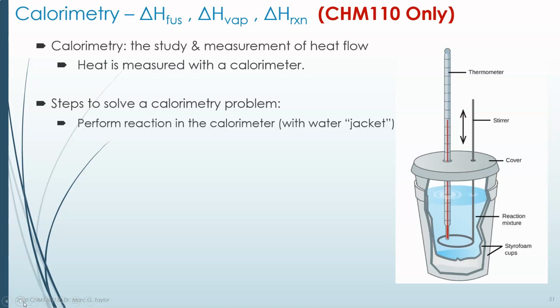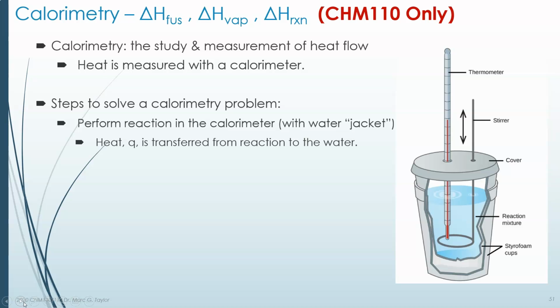But if the reaction is not in water, say you just want to melt something or freeze something, well, you want the calorimeter to be a high-tech version that has a jacket of water. So there's a layer of water between the two cups that make up the calorimeter, and that water can change temperature in response to the reaction that goes on inside the calorimeter.